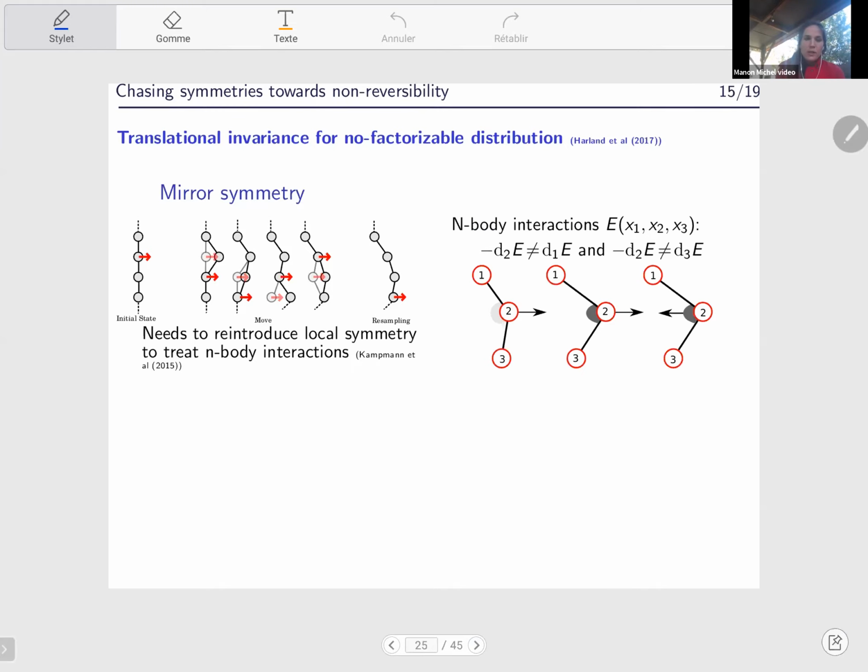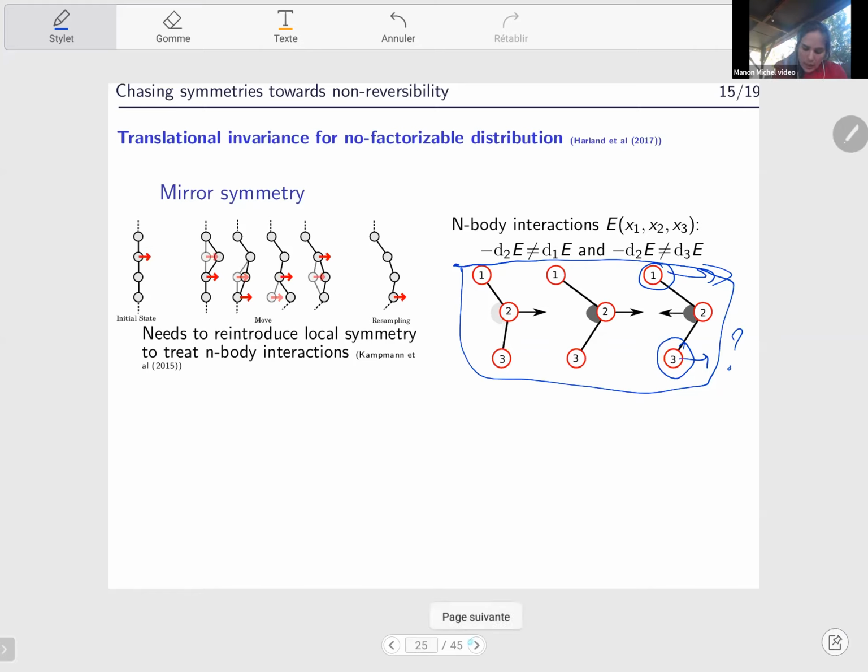The problem with polymers is that they have n-body interaction. They don't have mirror symmetry anymore, meaning that if you look here, you have a potential based on the angle. And so if you move the particle to here, you could have a rejection from both of these two through the n-body interaction. And the question is how to pick the next one to move, this one or this one.